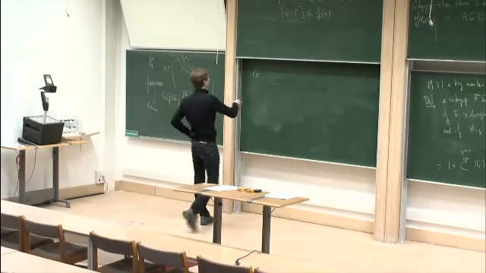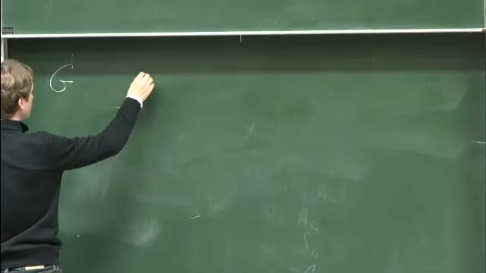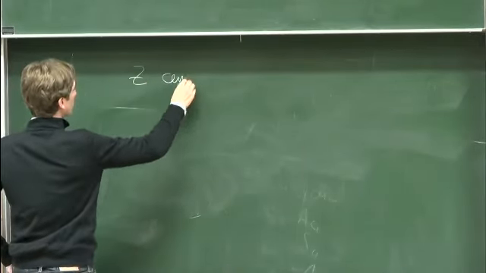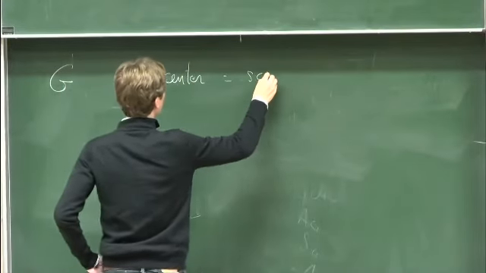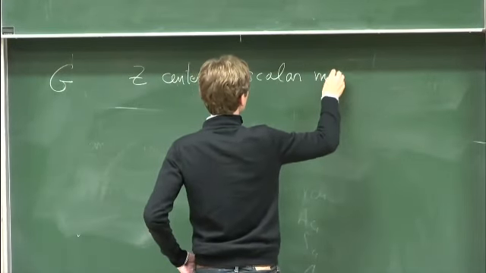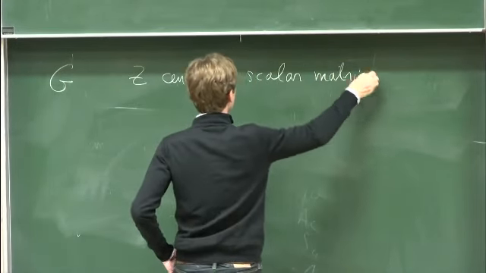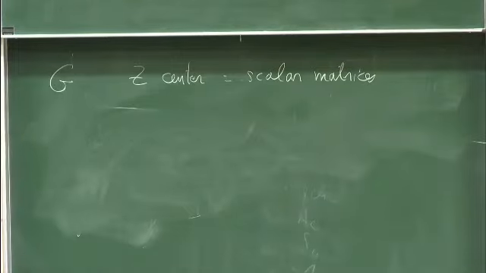So inside G, you have the center, which are scalar matrices, and then you have non-scalar, so non-central elements.